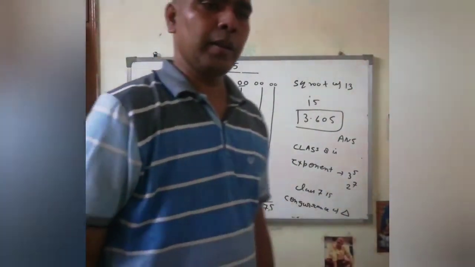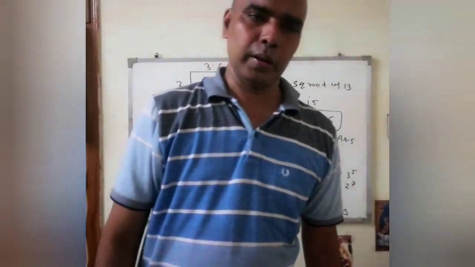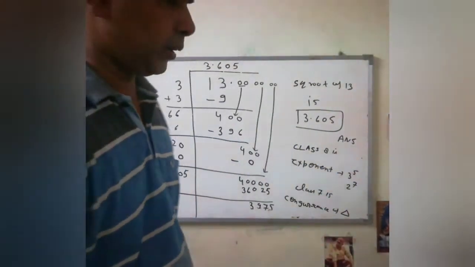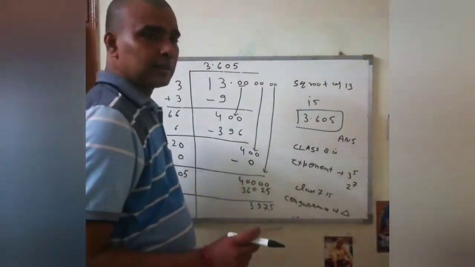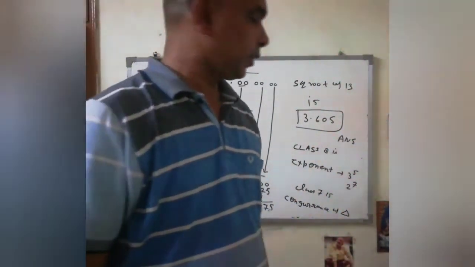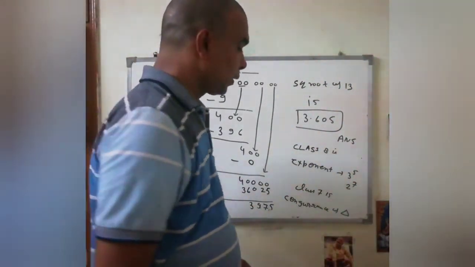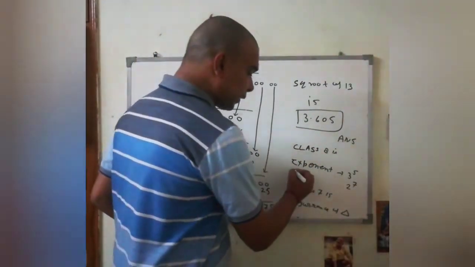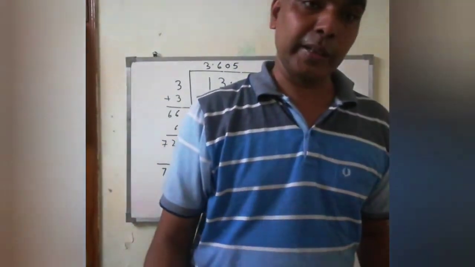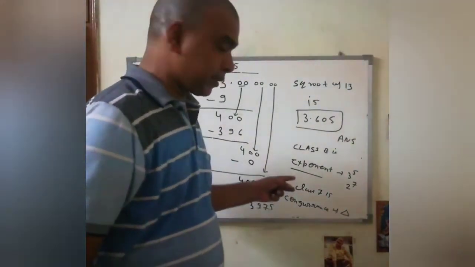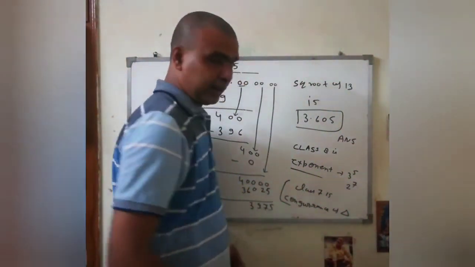I am covering CBSE, ICSE and UP board, or any board you can say. Class 7th students can also attend the exponent chapter, as there is a chapter on exponents in their course, but the class 7 specific chapter is congruence of triangles.